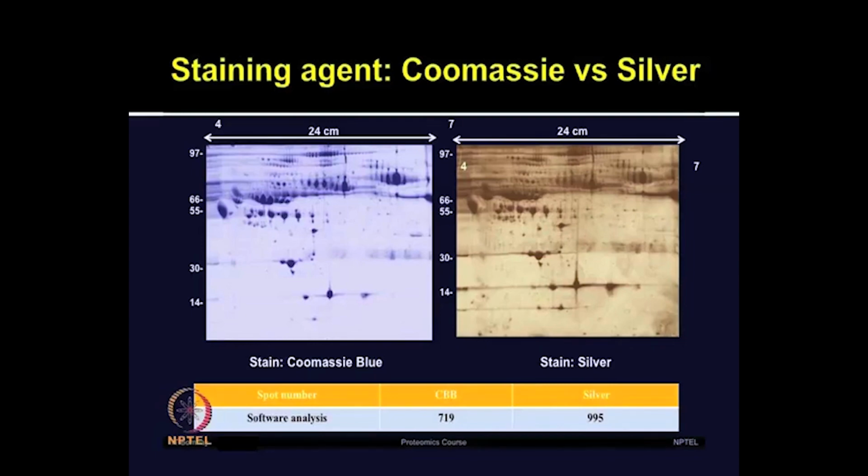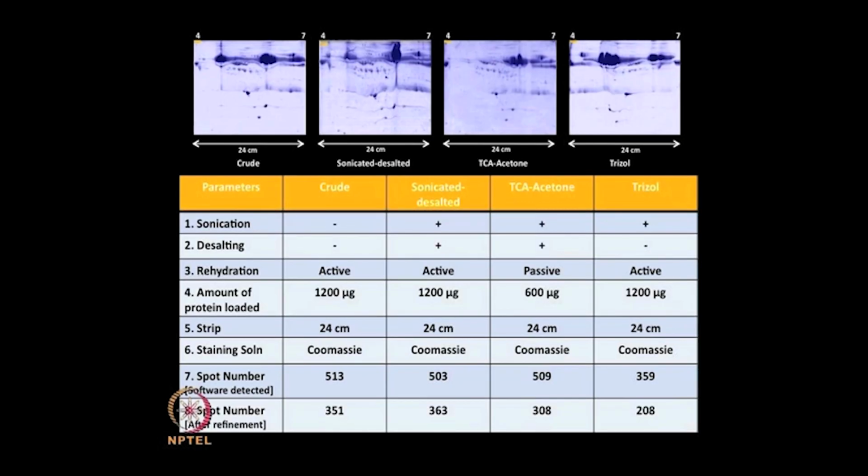and we standardized the same condition for all the gels. This slide gives you an overview of various parameters which we investigated from different treatments: crude serum, sonicated and desalted, TCA acetone precipitated and trizol extraction methods.